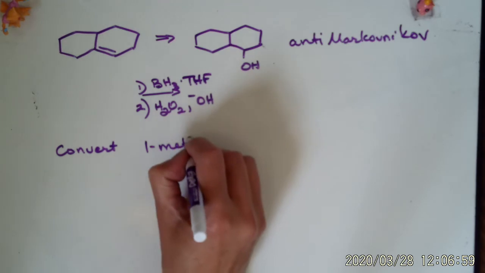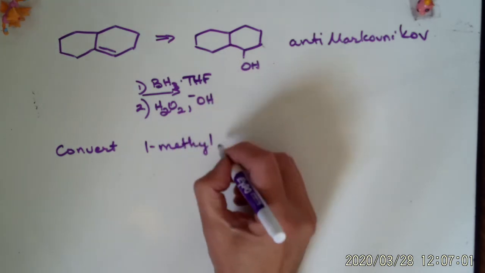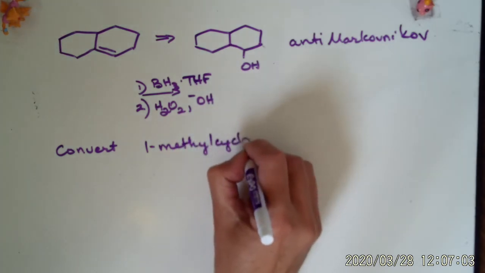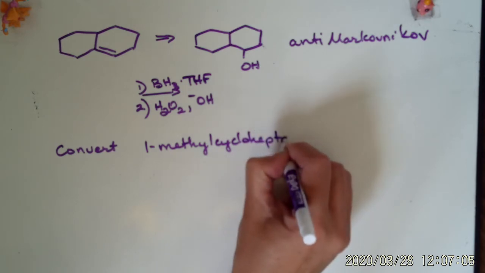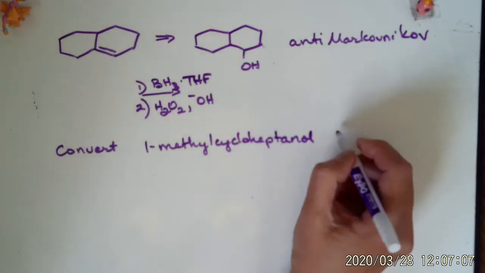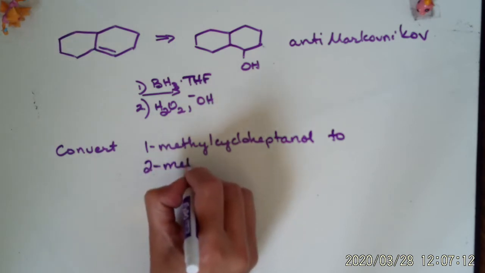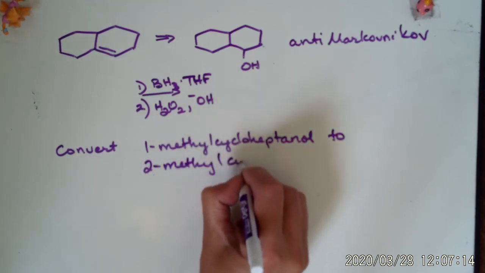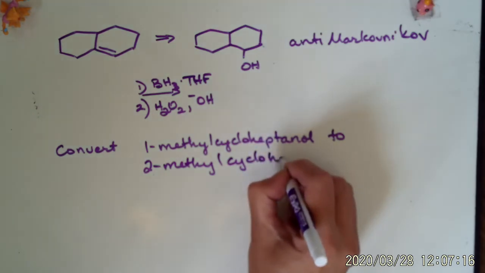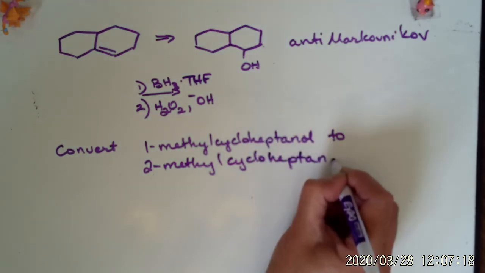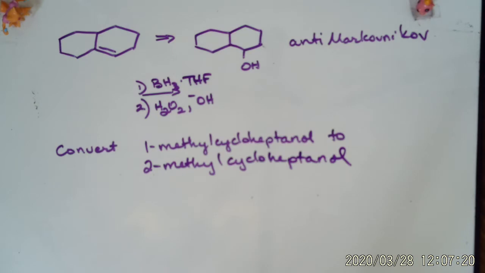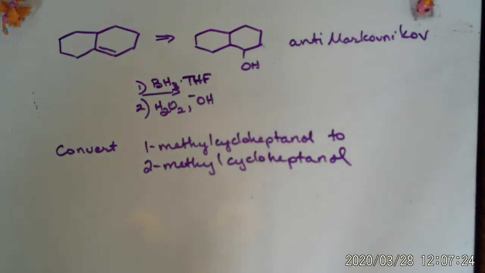Okay? Suppose instead I say something like, oh, convert 1-methylcycloheptanol to 2-methylcycloheptanol. Okay, so in order to do that, let's draw our structure so we know what we're going to do.